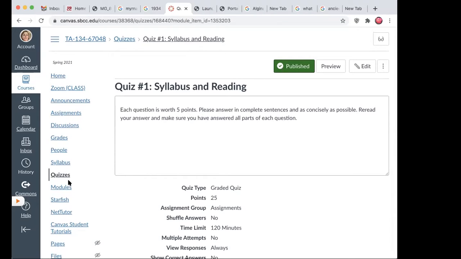I'm a little bit surprised because we went over that in class. I was just wondering if we should go over it again so we remember everything on the syllabus. If there's a question on the syllabus, you can just open up your syllabus and look at it. There is no closed book. I'm probably being completely vague, right? So that's confusing.